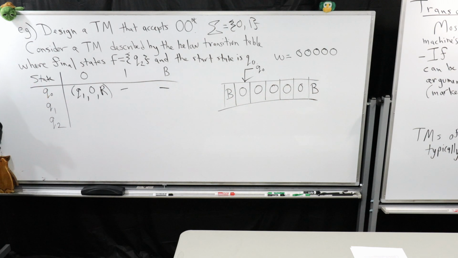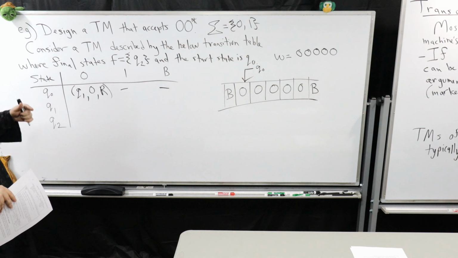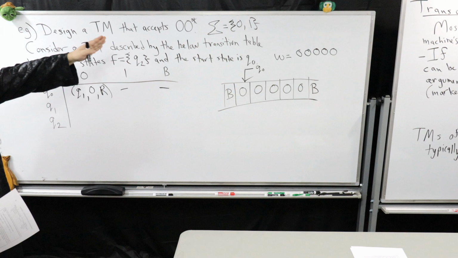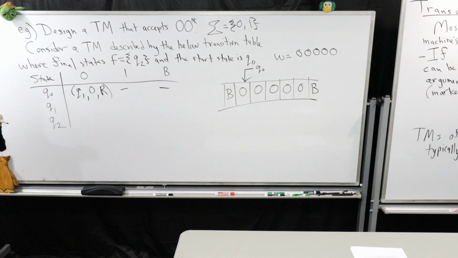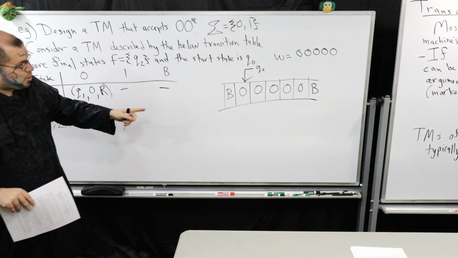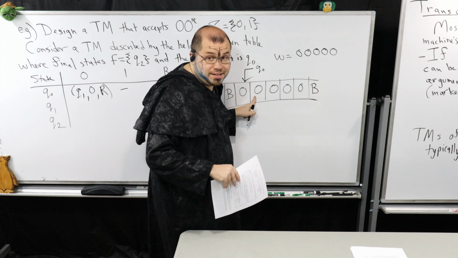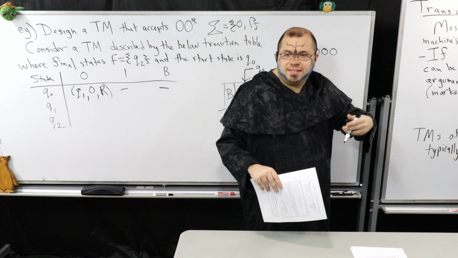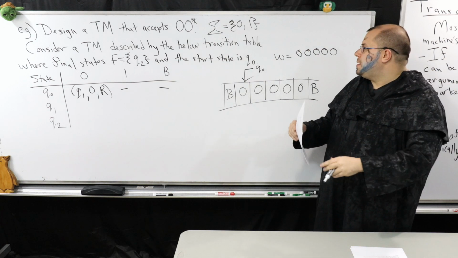Yeah, we have B and 0. But technically, because I mentioned that sigma also includes 1, it is possible that I could be provided an input where a 1 is here. So the tape symbols could consist of 0, 1, and B, just for this case.